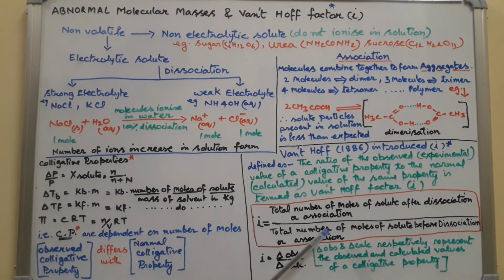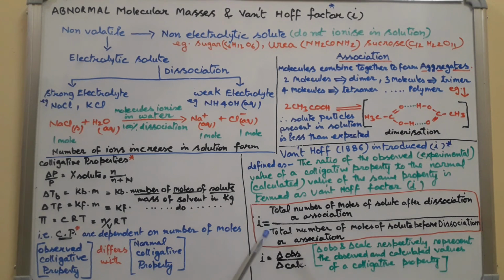Now I would like to resolve it again and make it more clear. What is the total number of moles of solute after dissociation? It is more, and after association it is less, in case of this particular type of solute. And the total number of moles of solute before dissociation, we have taken 1, and before association, again we have taken a different value here, right?